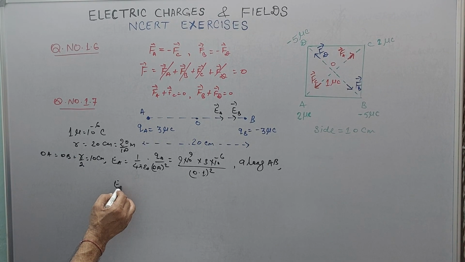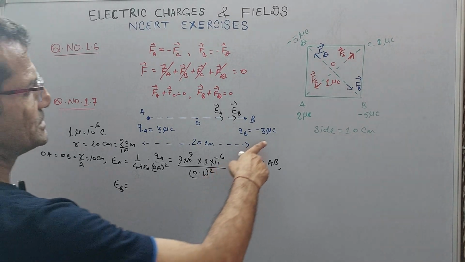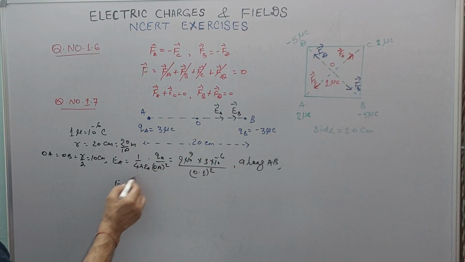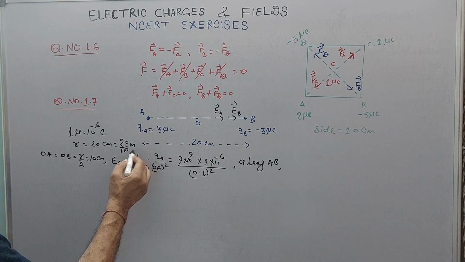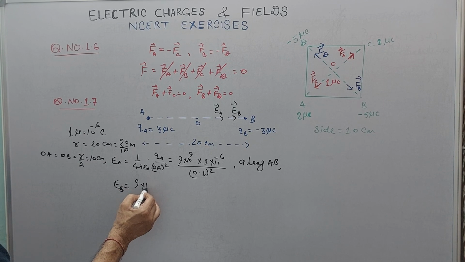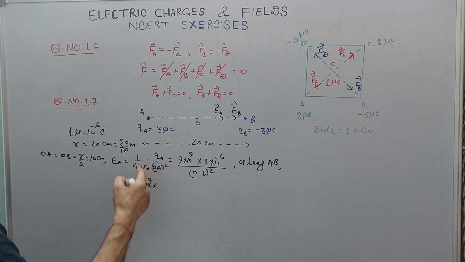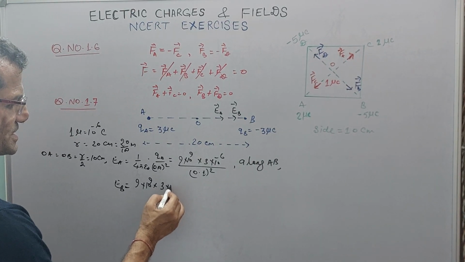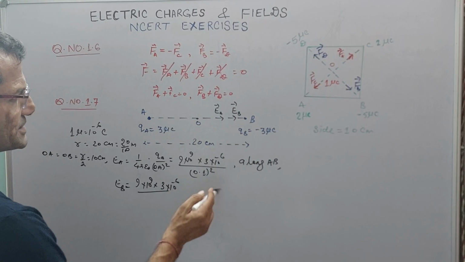Electric field due to charge 3 microcoulomb will be, with the same formula, 1 upon 4 pi epsilon naught, which is 9 into 10 raised to the power 9, and the charge QB is 3 microcoulomb. 3 micro means 10 raised to the power minus 6, divided by the distance.